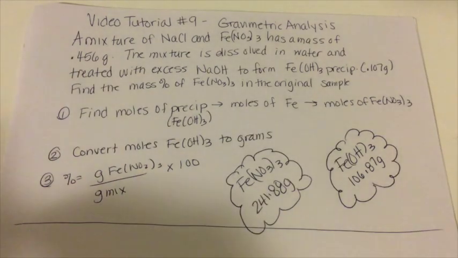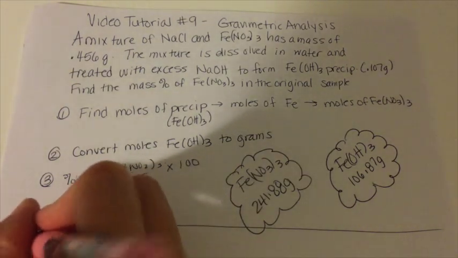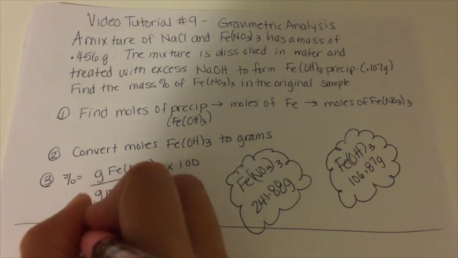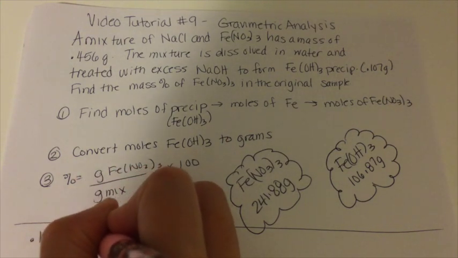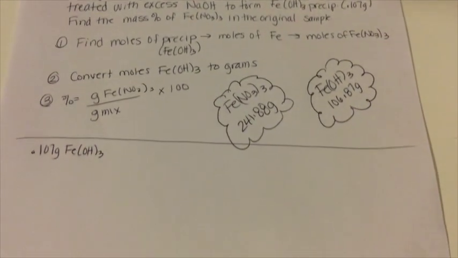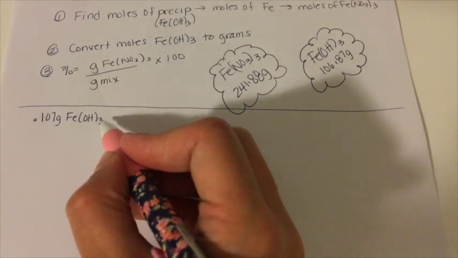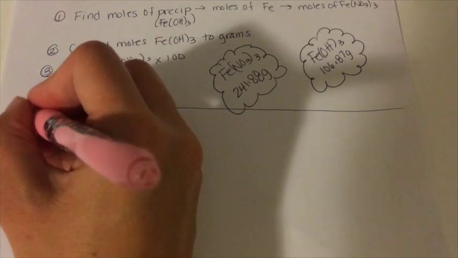So we're going to start with the 0.107 grams of iron 3 hydroxide. Remember that iron 3 means that the iron has a +3 charge, which is why there's a subscript of a 3 down here.